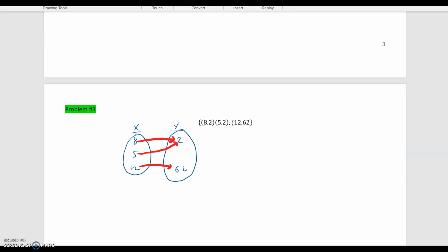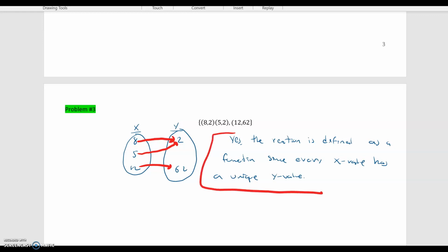So in this case, we would say, yes, the relation is defined as a function since every x value has a unique y value.